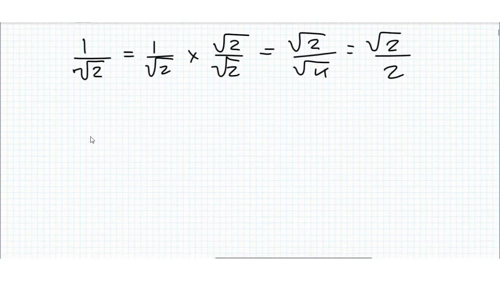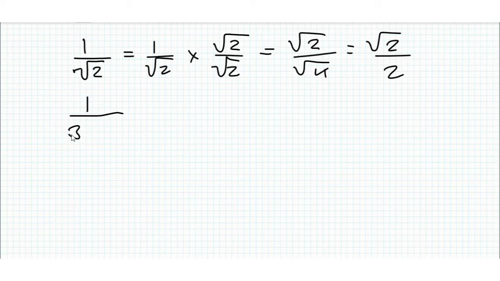There are other types that you have to be able to rationalize. Say we have 1 over, and it doesn't always have to be 1 over, it can be anything, but just for ease of the examples, 3 minus root 5.